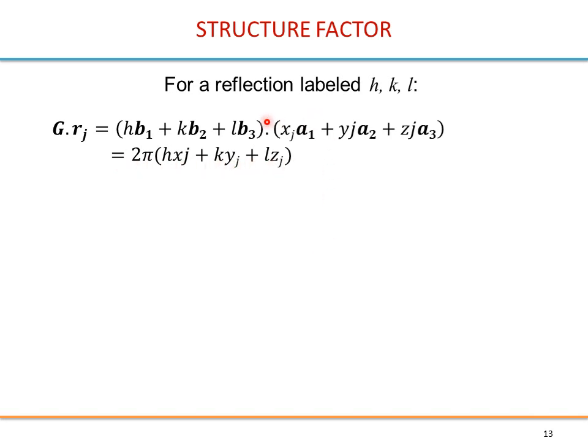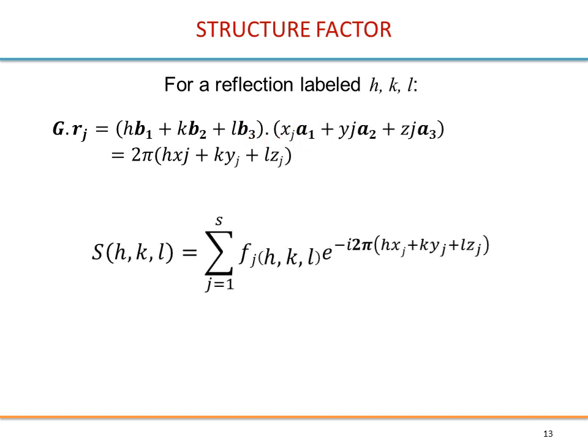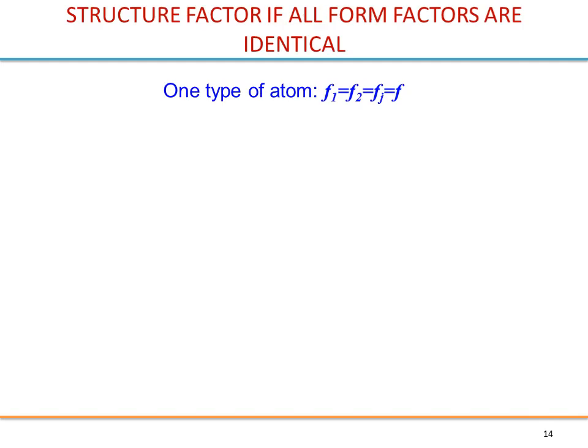Remember, we have some rules for scalar products of A and B. Alright, so we can rewrite our structure factor in this way. It's now a function of HKL. We sum over all the atoms in the basis. So we have this phase factor, and we have the form factor here. Also a function. Normally it's also a function of HKL, but we will neglect this in the future also.